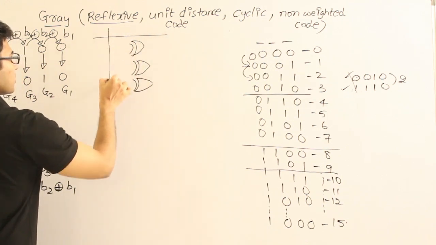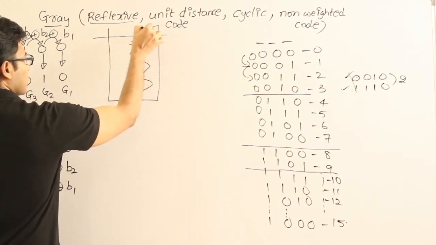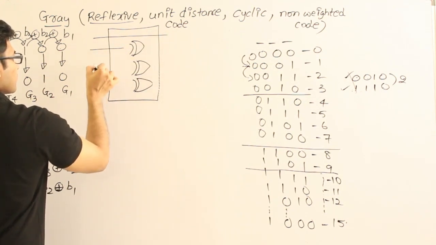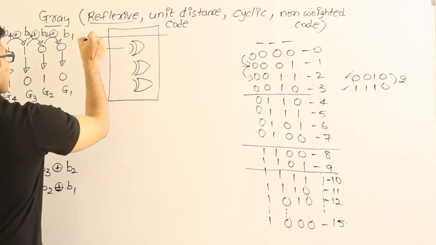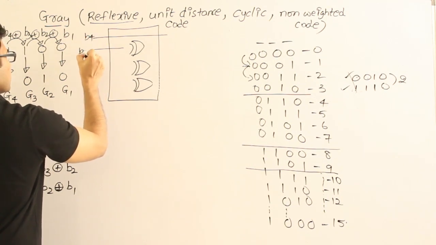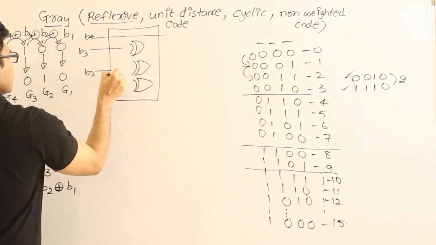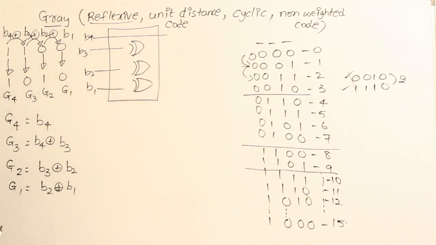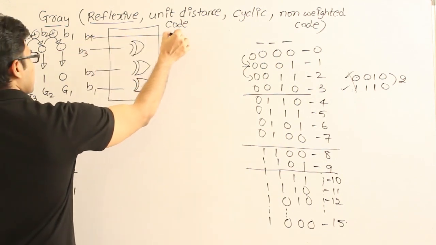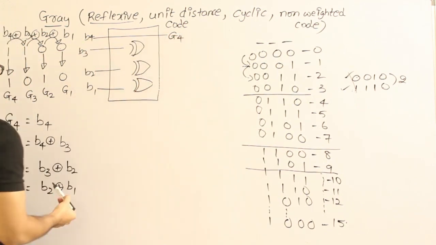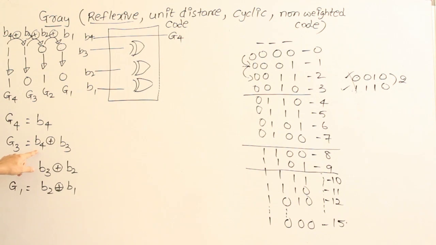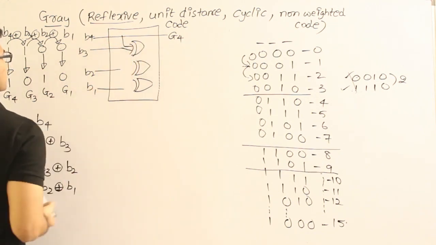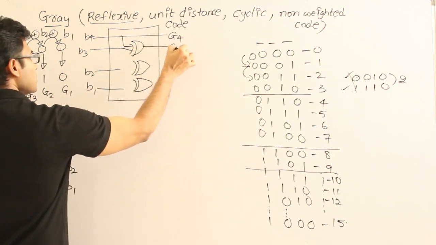So if you have inputs B4, B3, B2, B1, let's connect them appropriately. G4 is going to be from B4. Now look at G3. G3 is from B4 and B3, which means these two have to be given to this gate, and you are going to get G3.